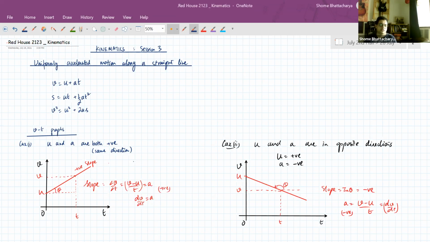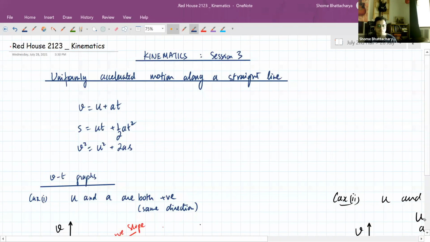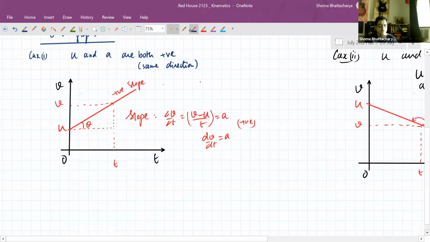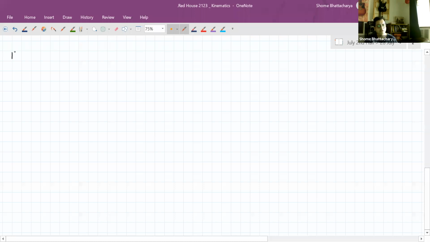Okay, so let's look at an example question based on this concept now. Sometimes the information in the question can be given to us in graphical form.